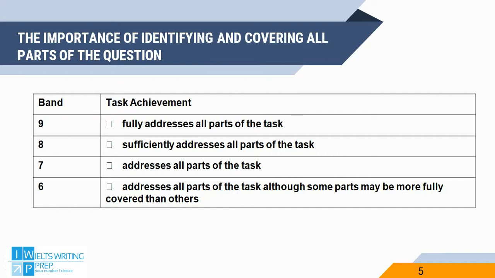One body paragraph will be really developed and clarified with examples, and the other body paragraph won't be. For a 7, addresses all parts of the task, so every part of the task has been addressed here. For an 8, sufficiently addresses all parts of the task, so you're doing enough, you're doing what you need to do. And for a 9, fully addresses all parts of the task. So here you can understand how important it is that you're covering all parts of the question.